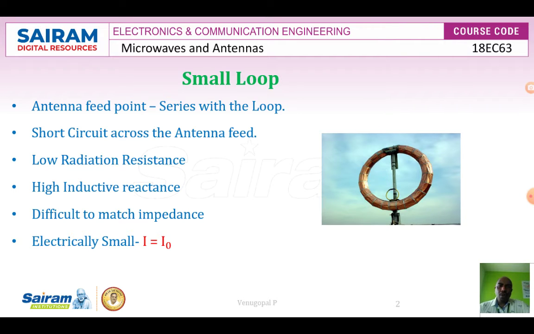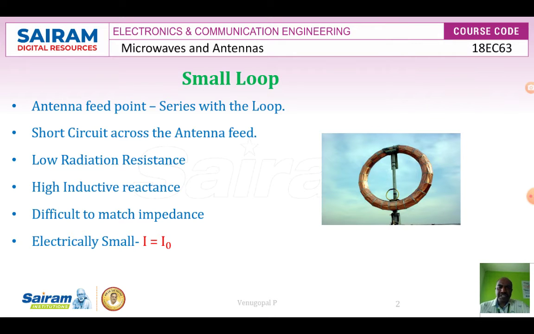This small loop antenna looks somewhat like a short circuit across the antenna feed, and it has a low radiation resistance and high inductive reactance. Because of this feature, the impedance is difficult to match with the radio impedance, and this small loop is electrically small.